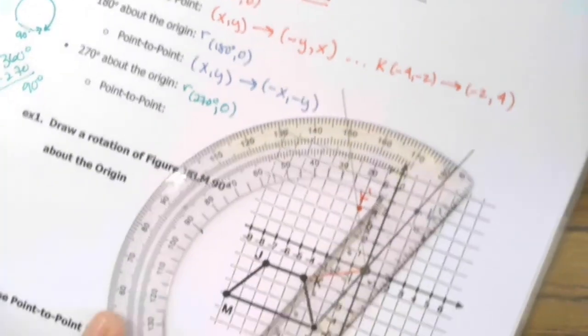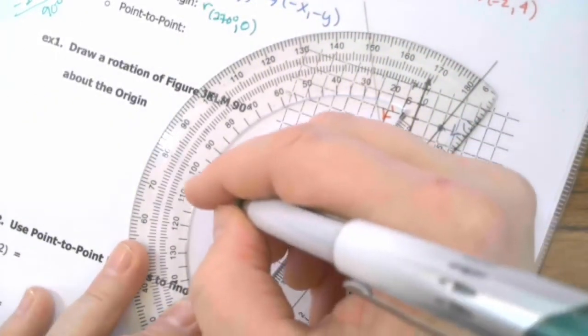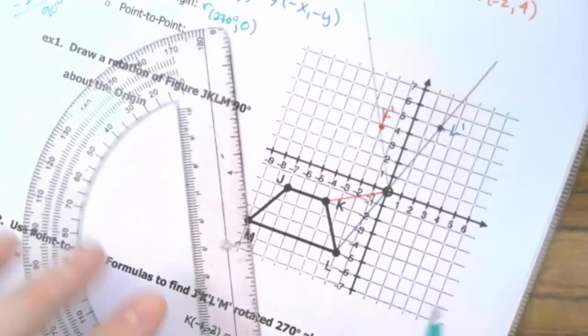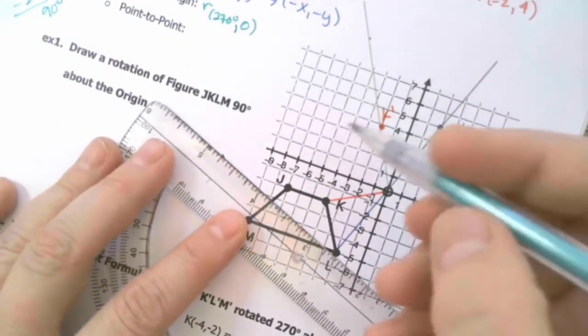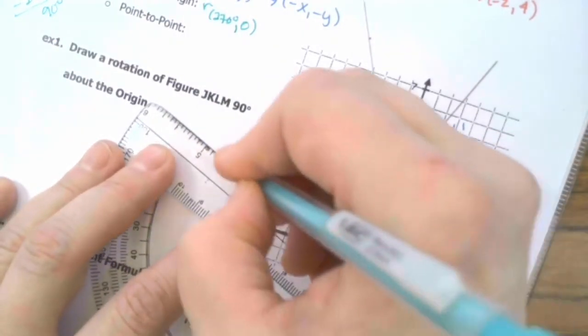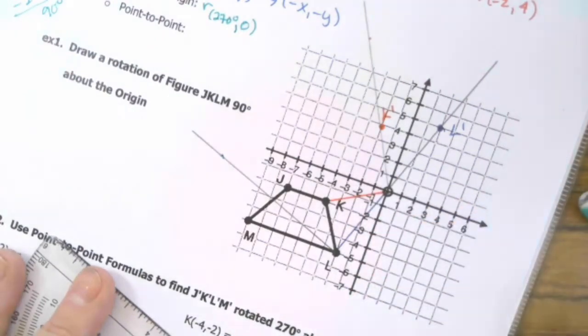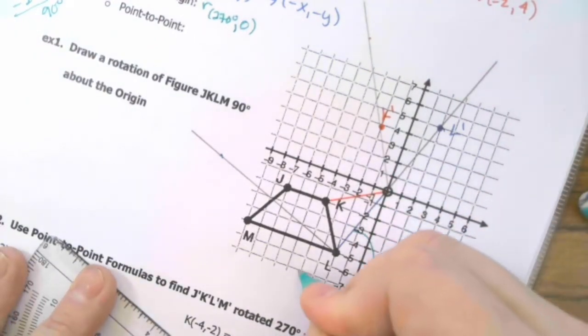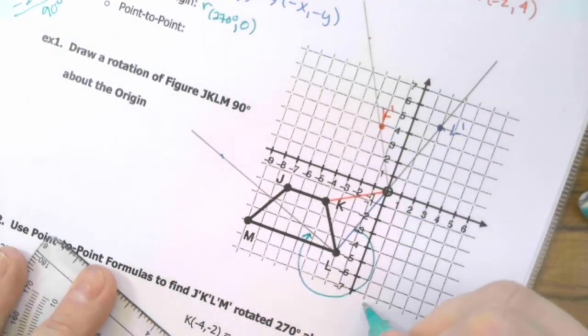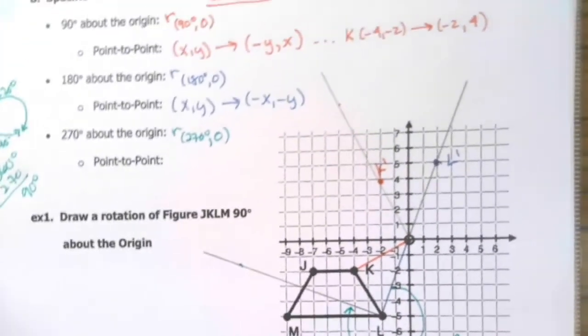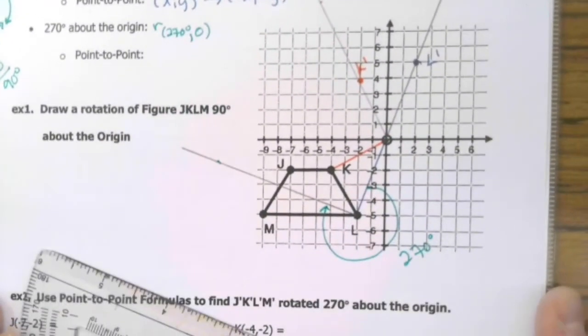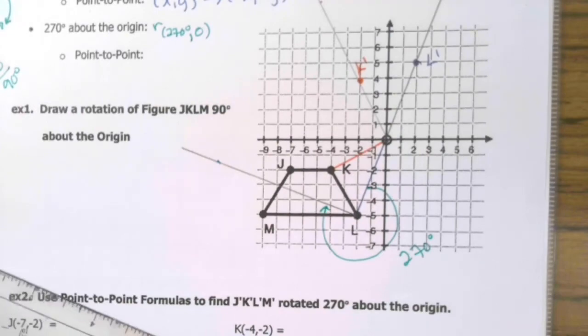There's our 90. So all I do is line up, get the 90 degrees, and draw your rotation guideline. So again, this one is going all the way around 270 degrees. We did that by measuring 90 degrees counterclockwise.